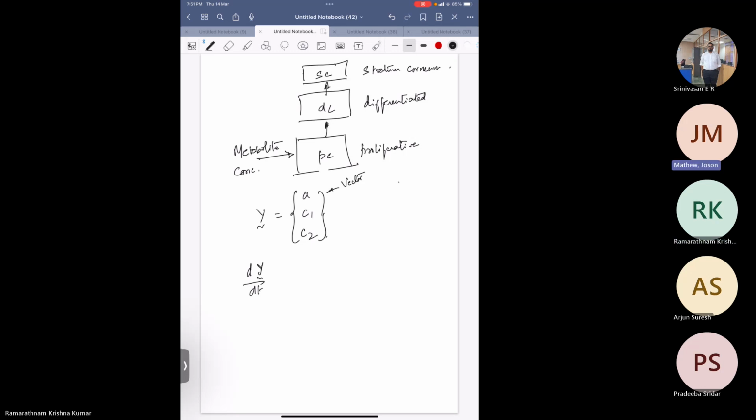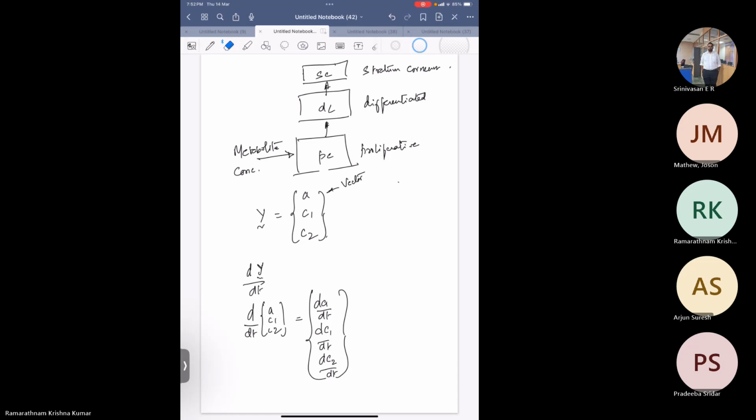So, sir, does this mean this dy by dt is simultaneously acting on three equations? Yeah. So this is d of A, C1, C2 by dt. This means dA by dt, dc1 by dt, dc2 by dt. Right? Yes, sir. Understood? Yes, sir.